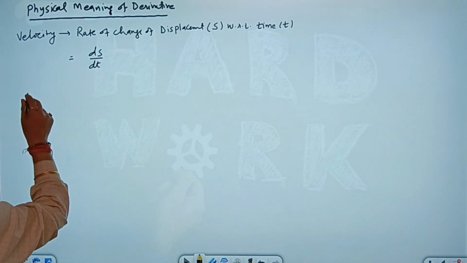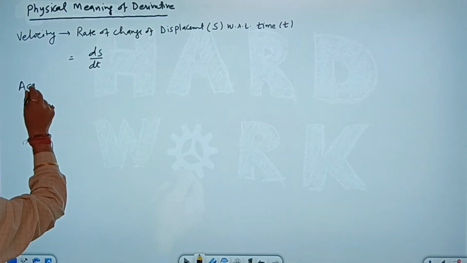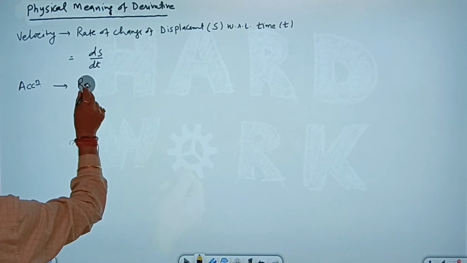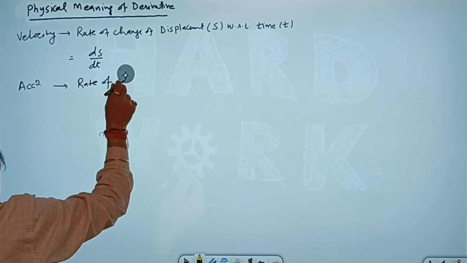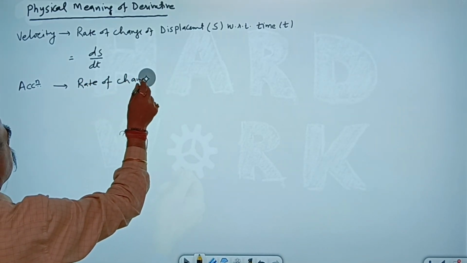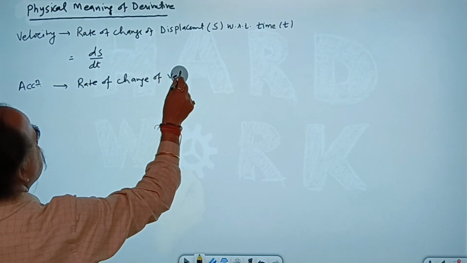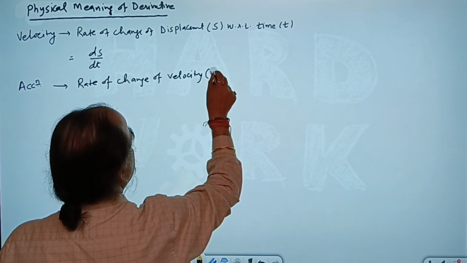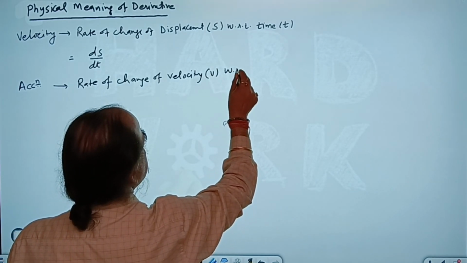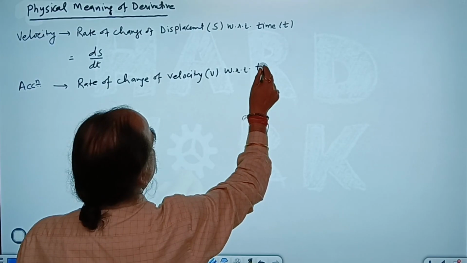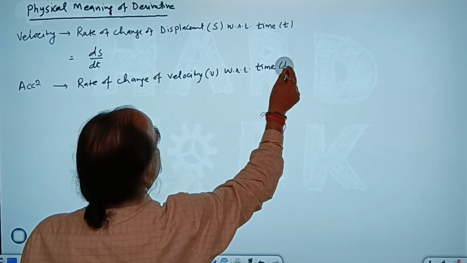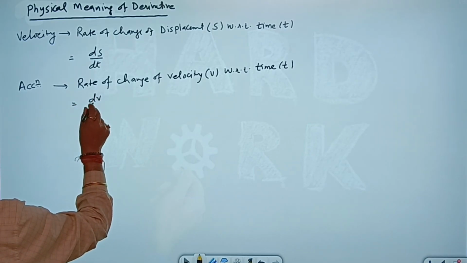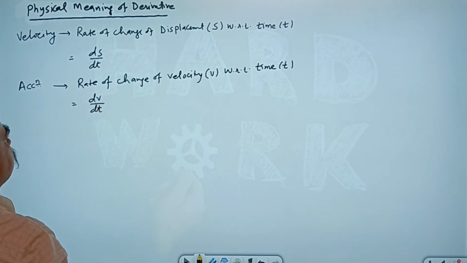What is acceleration? Acceleration is the rate of change of velocity v with respect to time t, which is dv by dt.